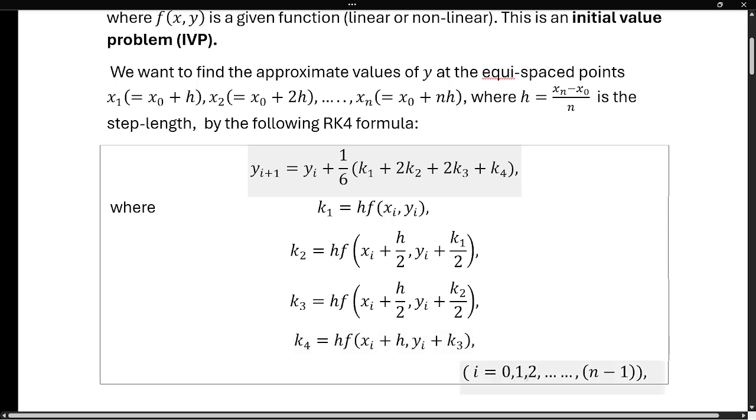I runs from 0, 1, 2 up to n minus 1, and this is the formula for Runge-Kutta fourth order method.